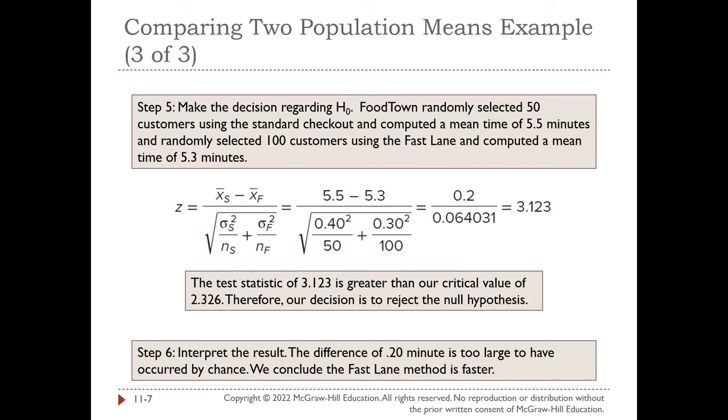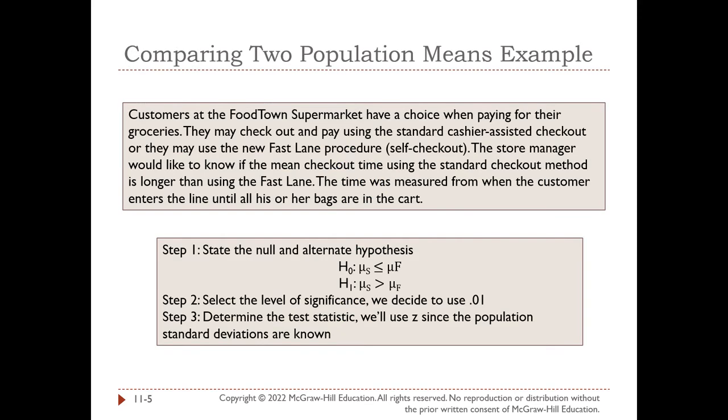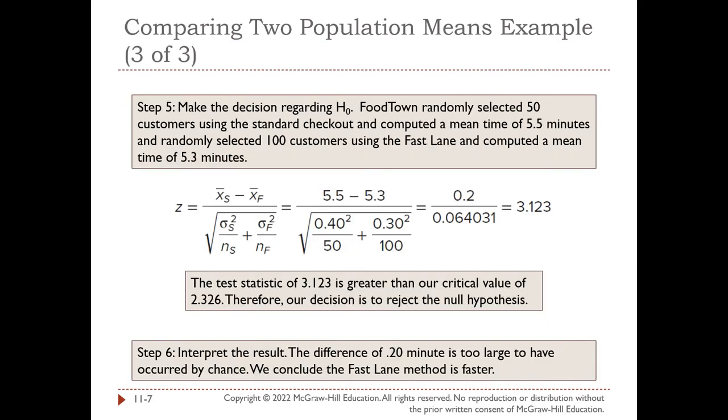Okay. So using our formula, X1, our first sample, is the standard. Again, this is the one that we're really comparing with. And then minus our fast lane, which is sample 2.